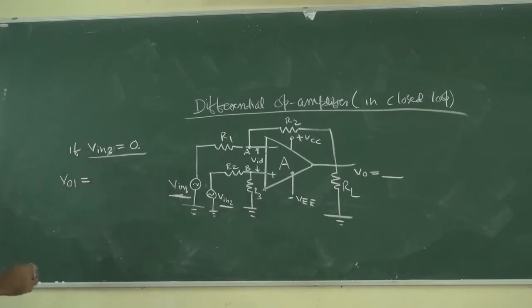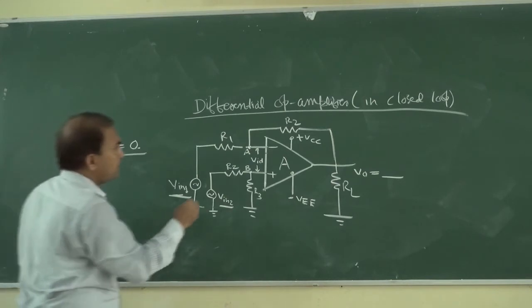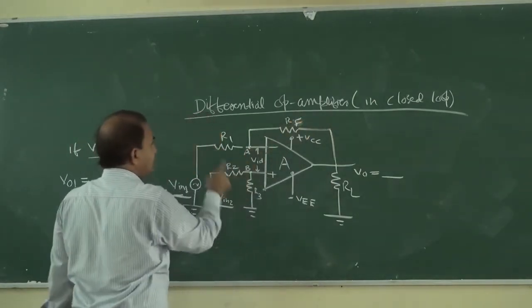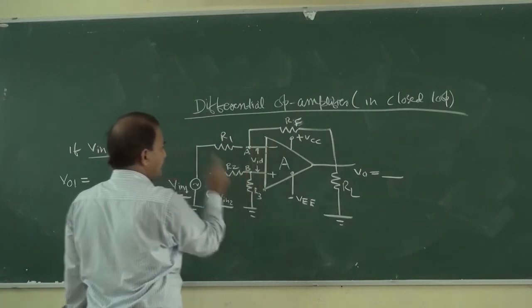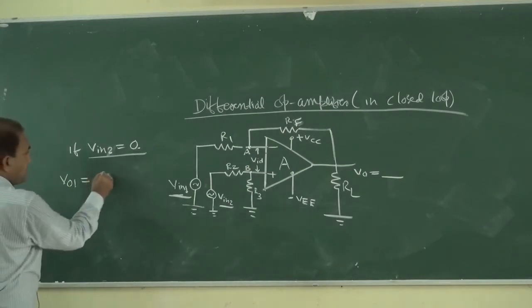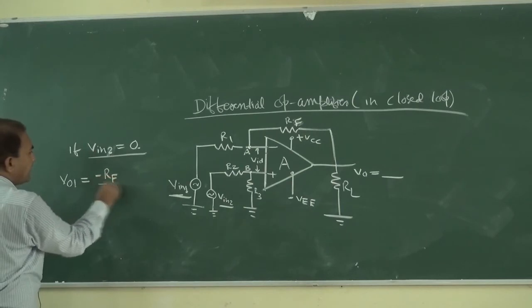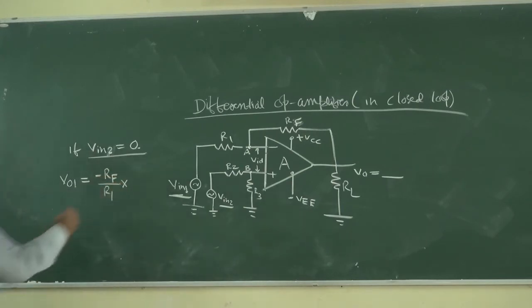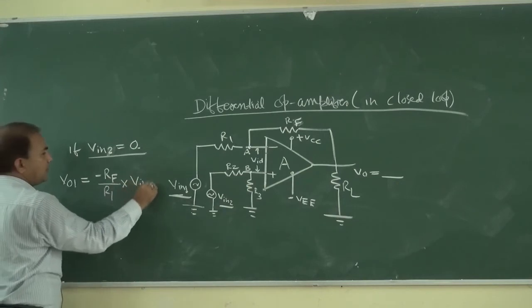Here we have R1, RF, R2 and R3. V output 1 is equal to minus RF by R1 into V in 1.